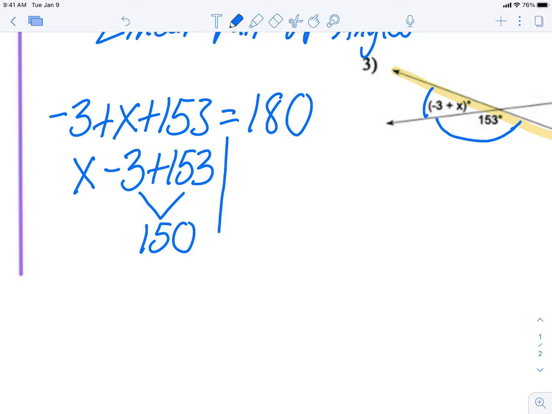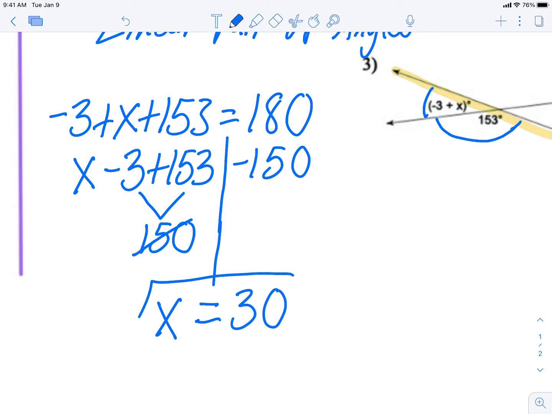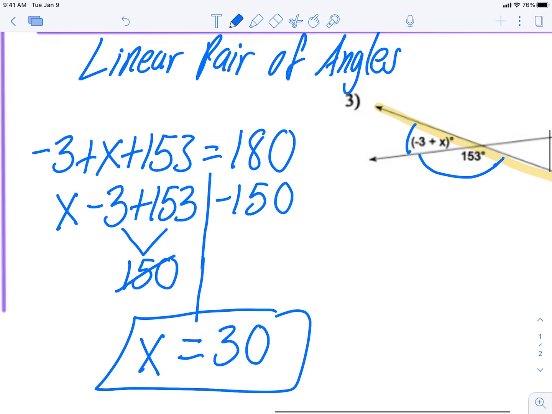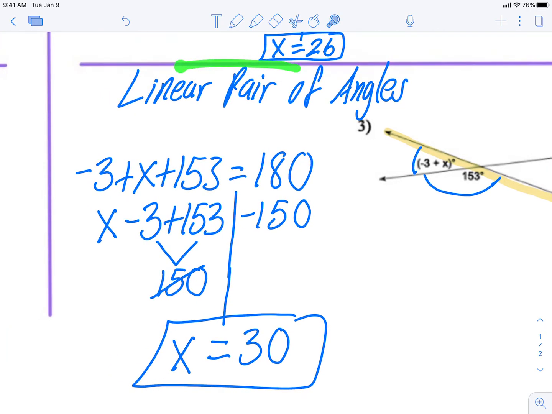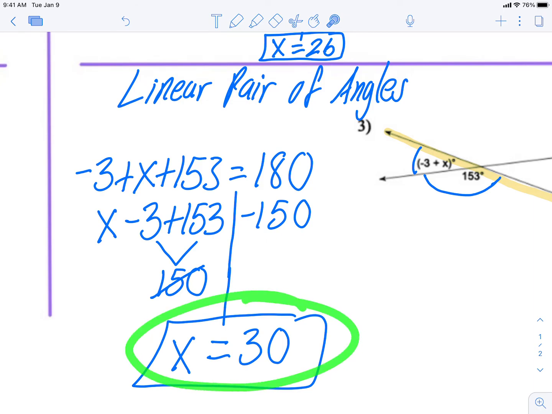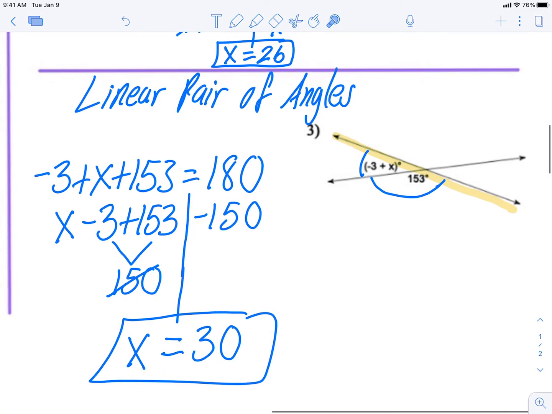And immediately, what am I going to move over? The 150, right? Just like that. So now I'm left with x here by itself on the left. And 180 minus 150 is 30 on the right. So once again, I have named my angle relationships, and I have solved for x for number 3.